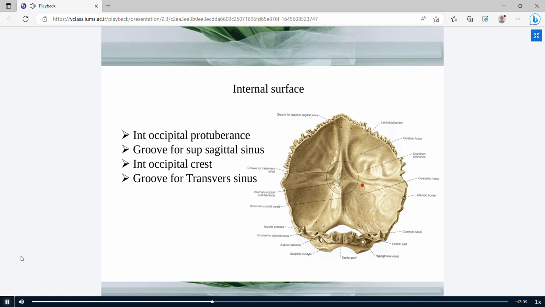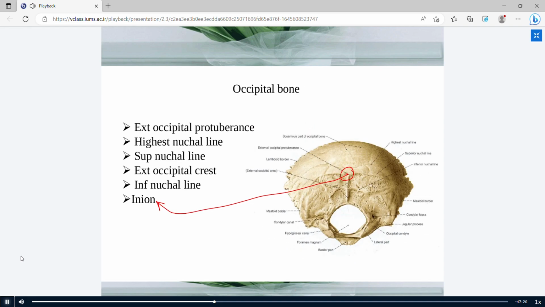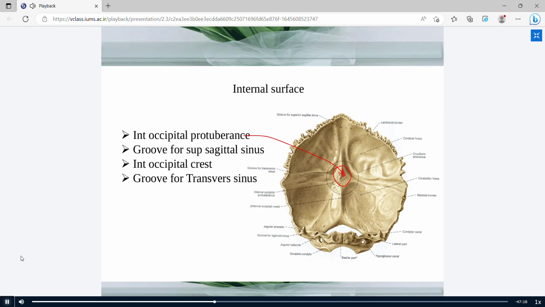This is the internal occipital protuberance. On the medial or internal surface, you can see the internal occipital protuberance, corresponding to the external occipital protuberance, here, and there is an internal occipital crest running from the prominence to the foramen magnum.